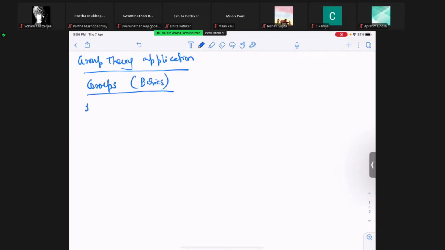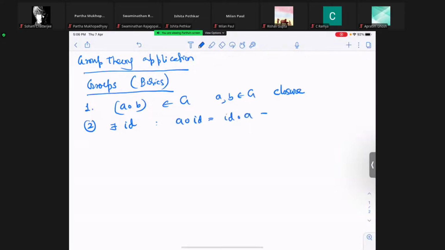So we all know what groups are. Closure property. There is an identity element. My objective is not to teach you group theory, but just to connect it with combinatorics. Associativity.